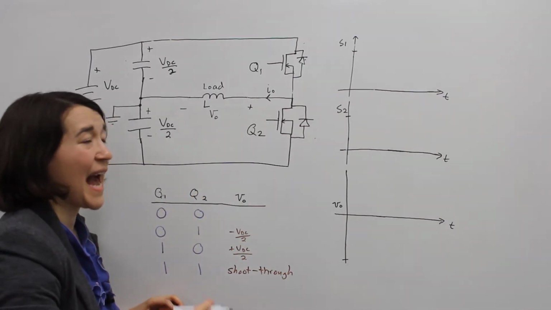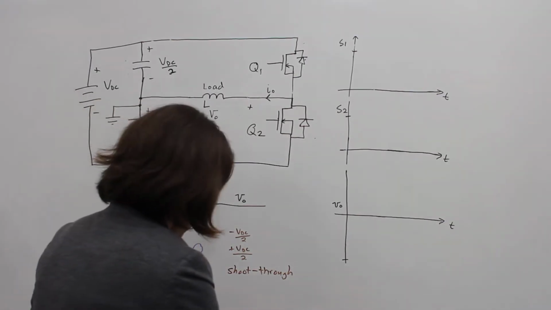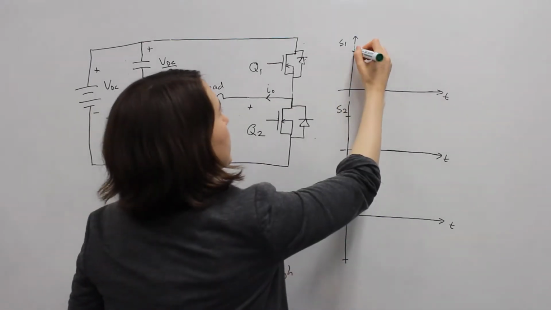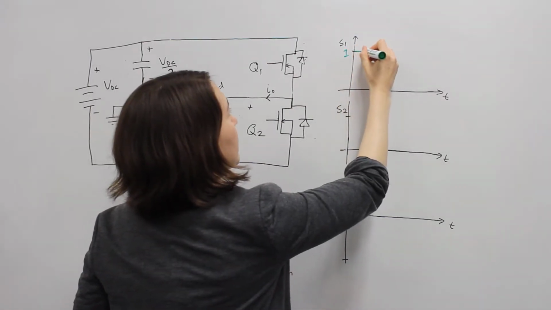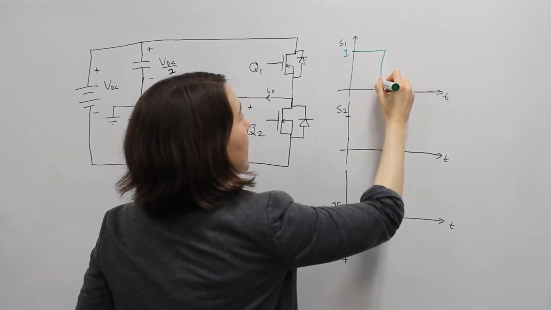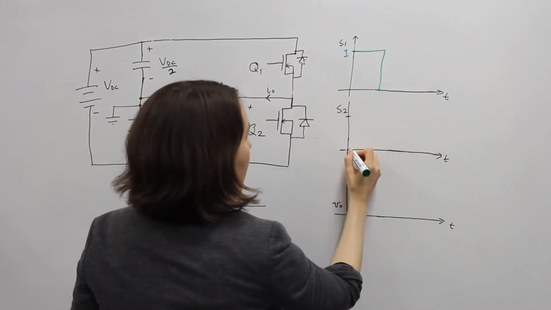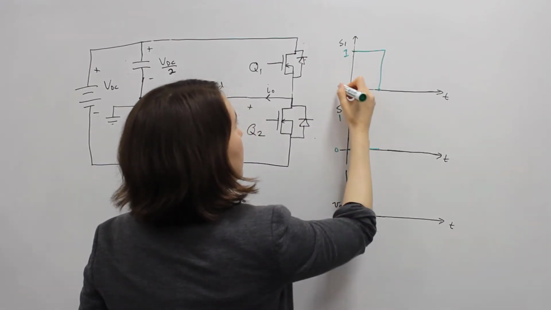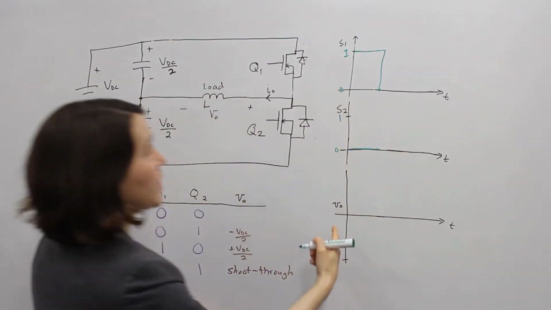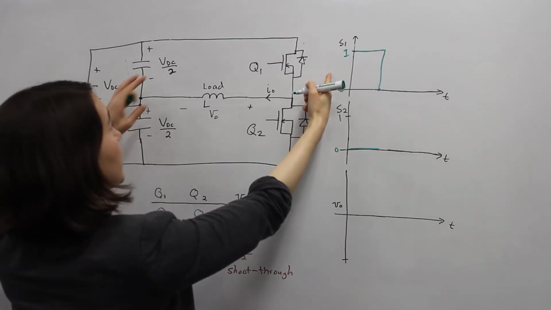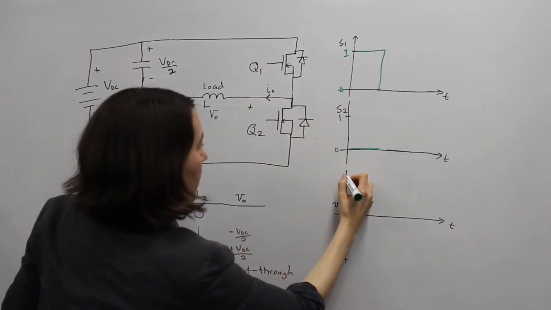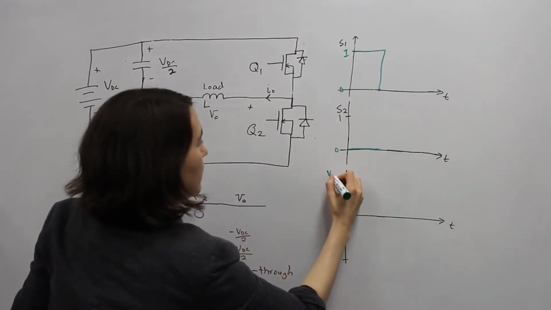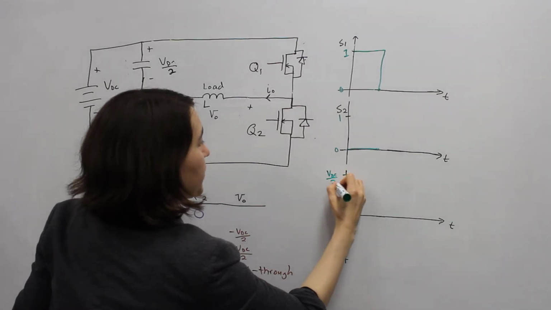So what we do is actually add dead time. So I'm going to try to draw that up here. So first, let's say S1 is on for a period of time, and then S2 is going to be off. This is 0 and 1, 0 and 1. And during this period, when S1 is high, we're going to get positive VDC over 2 on our load.